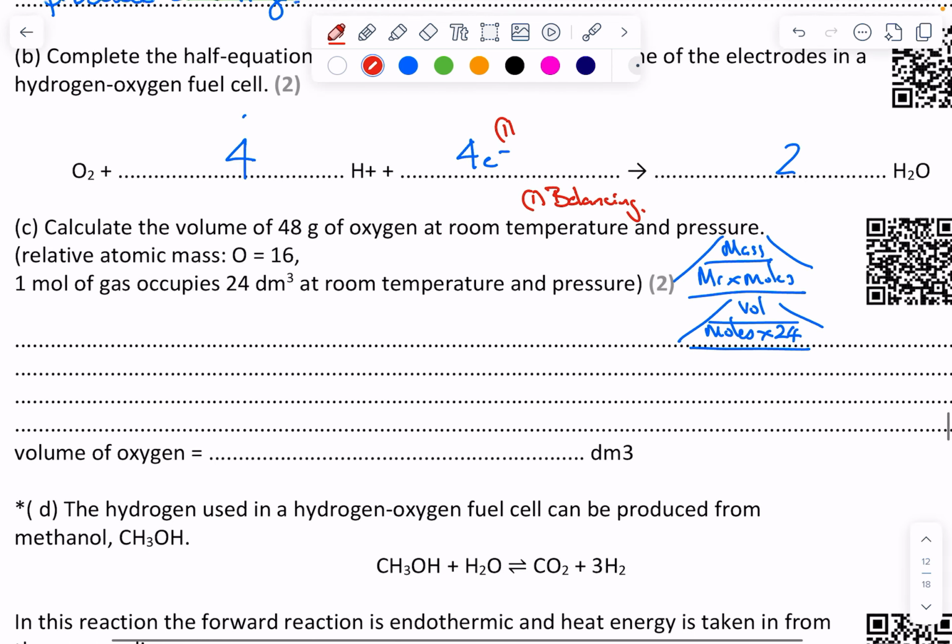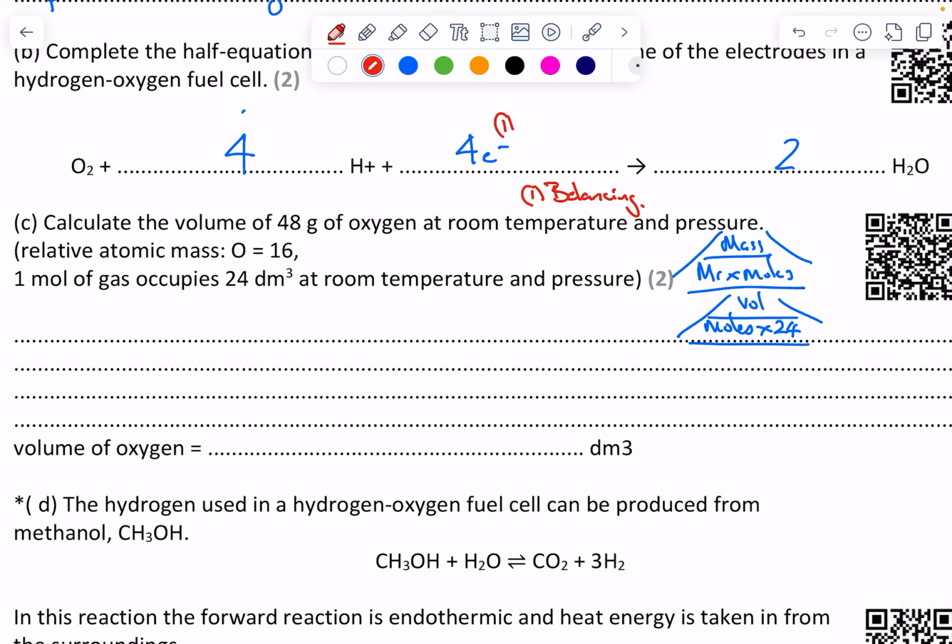Okay, next one is calculate the volume of oxygen. To calculate a volume, what we have to do first of all is convert the mass into moles. We need to be working in moles. So step number 1 is we're going to work out the moles of oxygen.